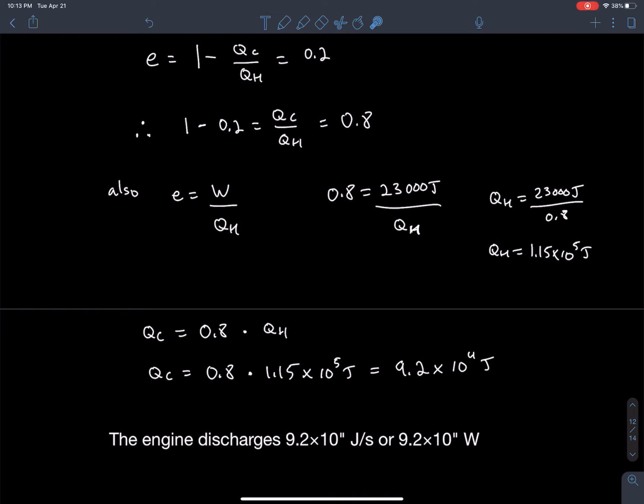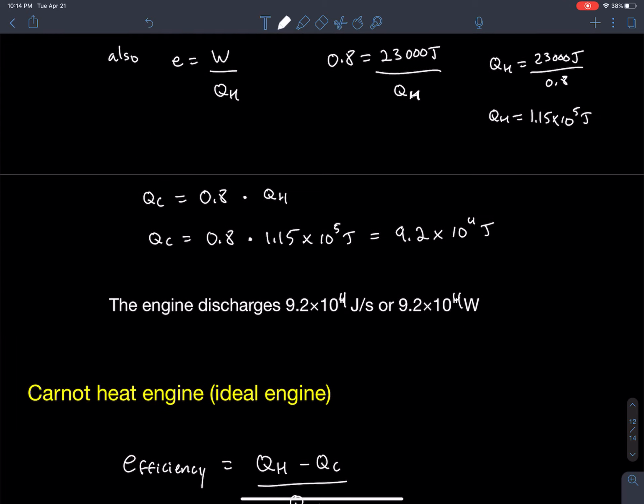Okay, and I can imagine if that happens every second, I'd be wasting 9.2 times 10 to the 4 watts. Okay, what is that? That's 92 kilowatts of just wasted energy. Okay, it's a pretty useful calculation.